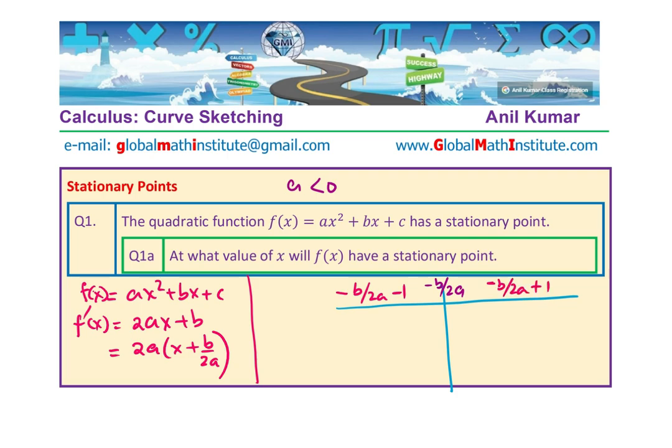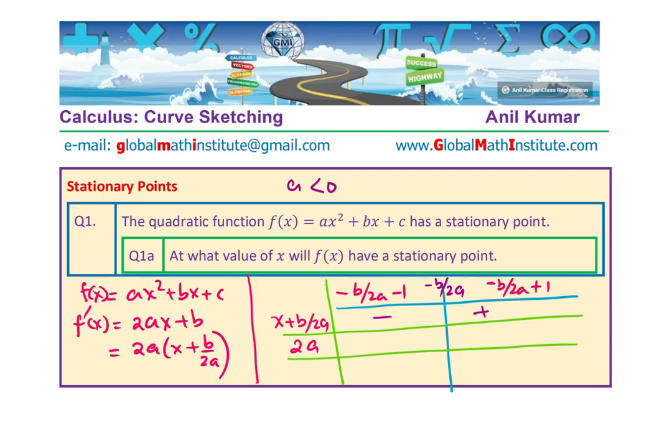And what are we testing for? We're testing for the factors, and the factors are x plus b by 2a, the other one being 2a. Now clearly, the term x plus b by 2a will be negative here and positive there.